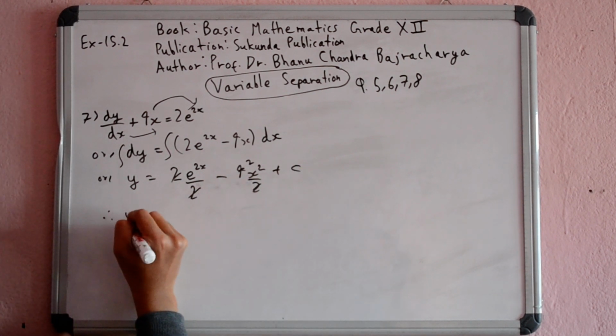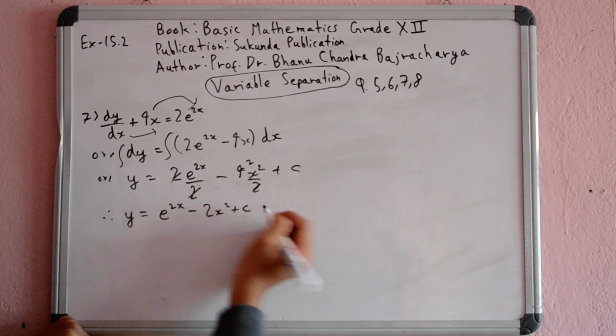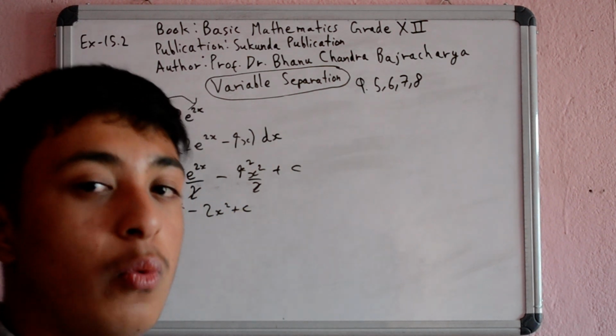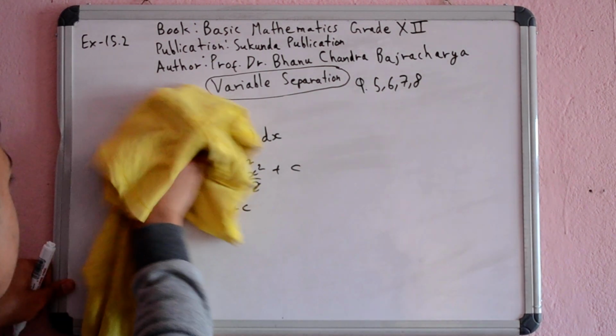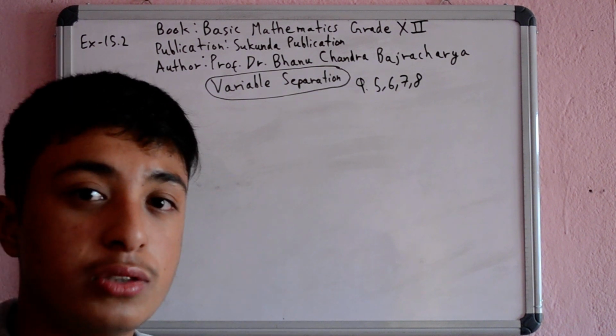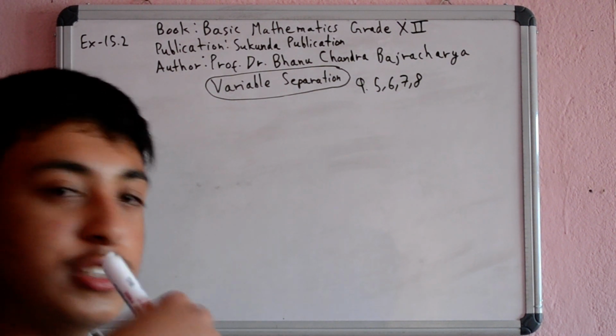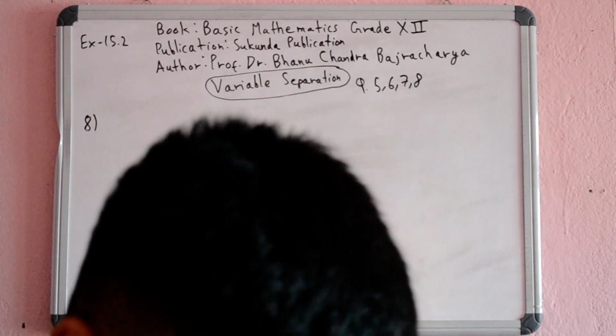So therefore we get y equals e to the power 2x minus 2x squared plus c. Now, let's move on to the 8th question, which will be kind of tough, because not only will you require calculus knowledge, you will also require trigonometric knowledge. So, for the 8th question.